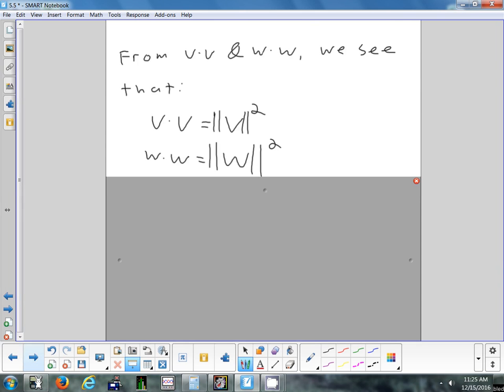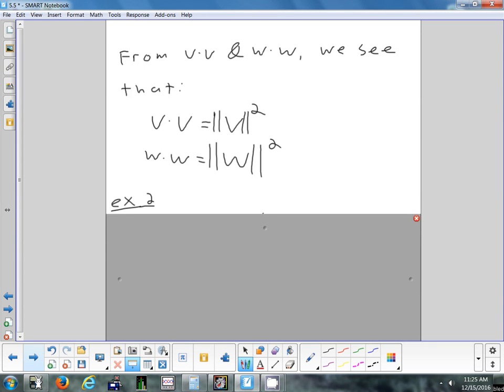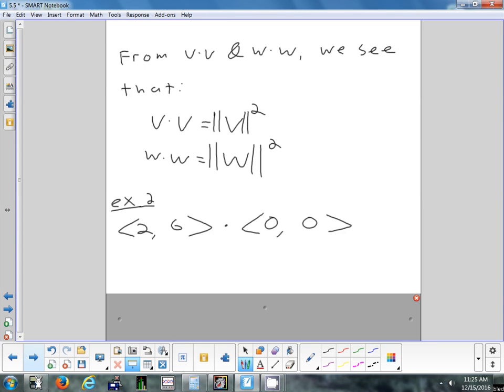Dotting a vector with itself gives you the magnitude of the vector squared because you didn't take the square root. Okay, so not a super important idea, but it's just a fact that comes up.